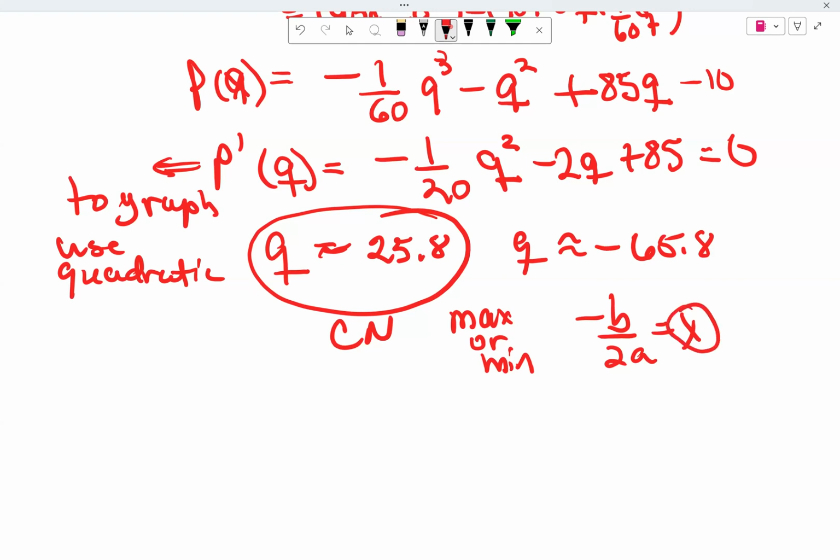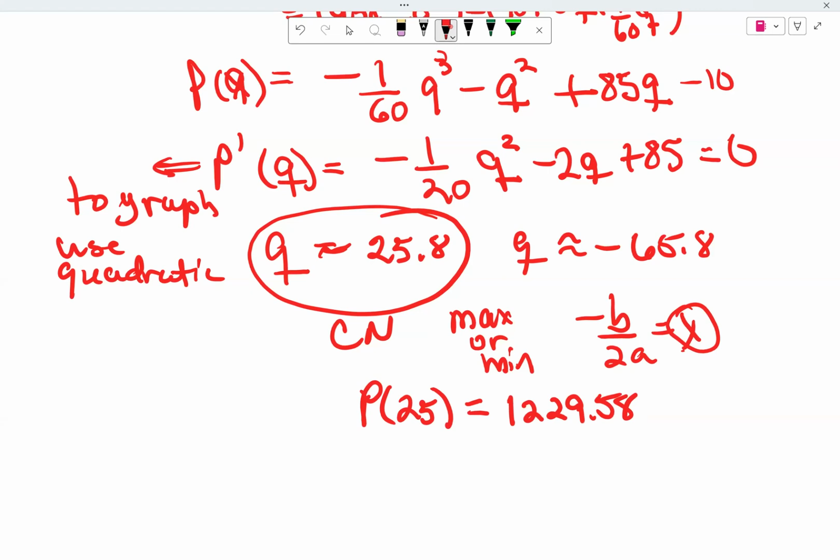And then plug this back into the equation and you'll get your answer, which is why we want to plug in that 25. So if you plug in that first equation, take the 25, plug it in, you get 1229.58. So that is a profit.